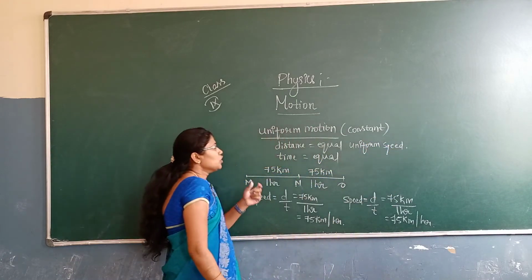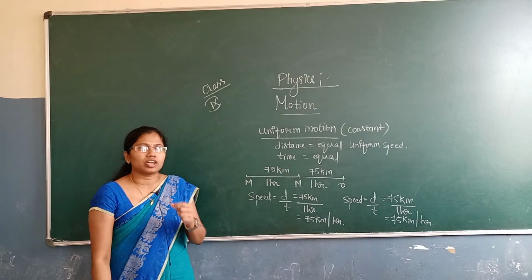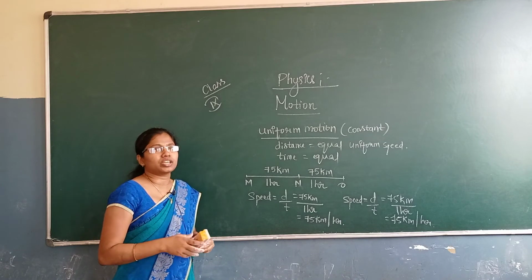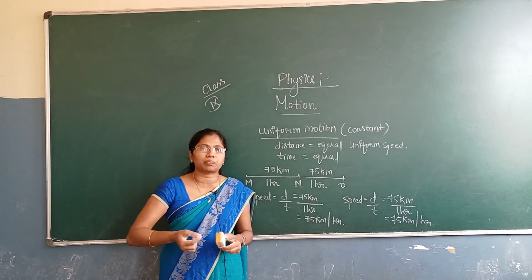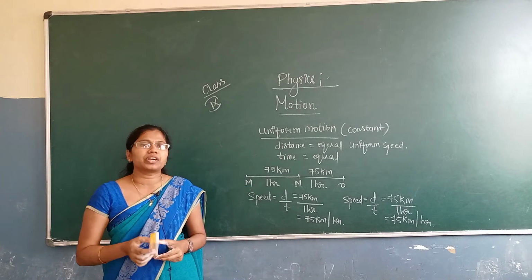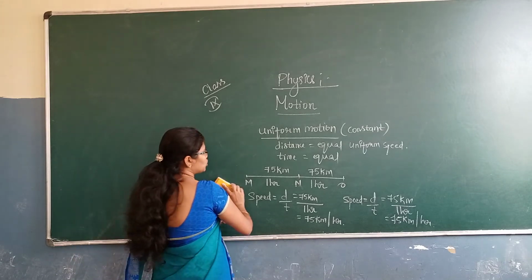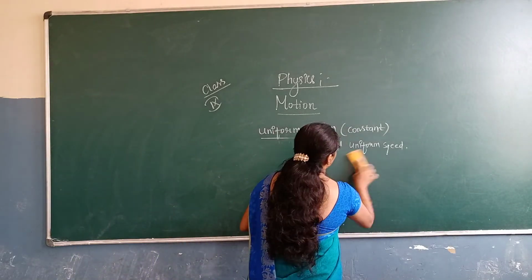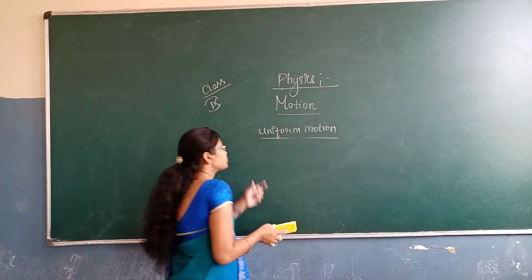So next we shall consider the non-uniform motion. For non-uniform motion, how are we going to find out the speed? Or what will happen to the speed in case of non-uniform motion?